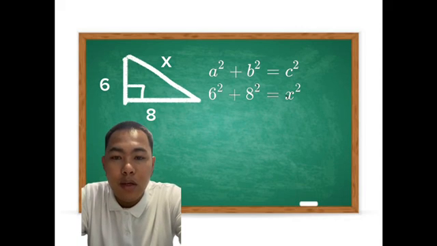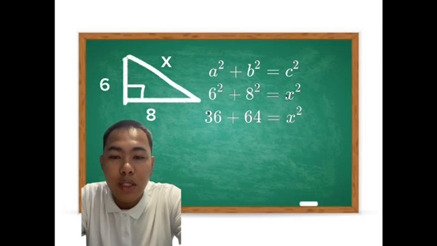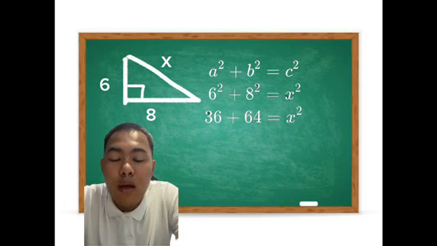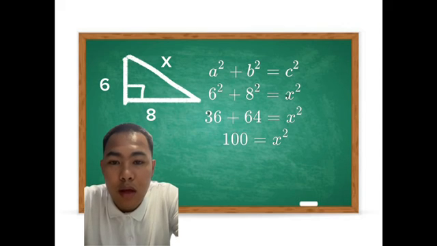Simplifying from here, 6 squared is 6 times 6, or 36, and 8 squared is 8 times 8, or 64. So we have 36 plus 64 equals x squared. Next, 36 plus 64 is 100, and we have 100 equals x squared.